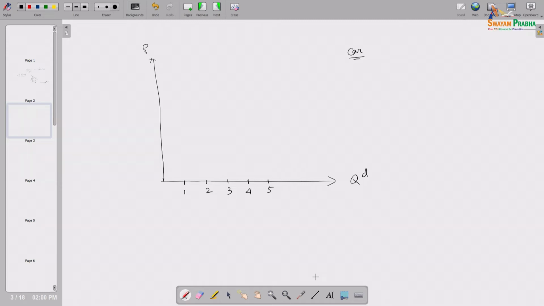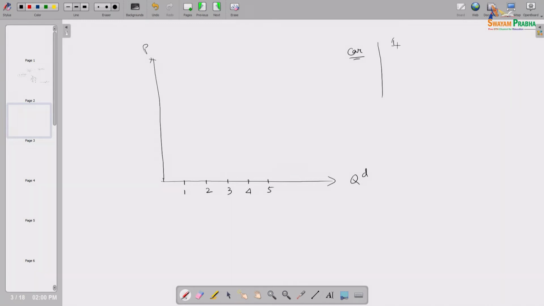Suppose we arrange the potential buyers of that car who are in the market, because we are trying to discuss the demand curve, right. Demand curve means who the potential buyers are and what their maximum willingness to pay is; that is important to know. So suppose we arrange the potential buyers as per their maximum willingness to pay.